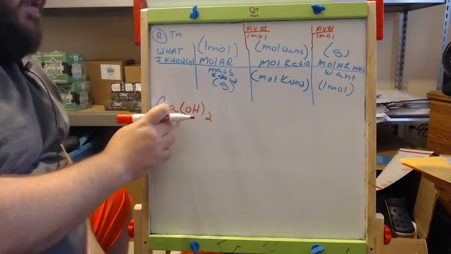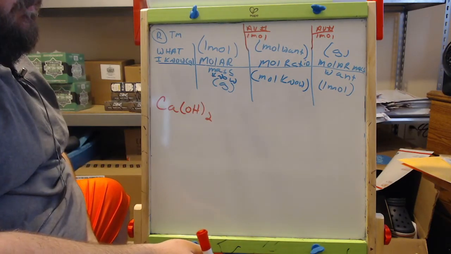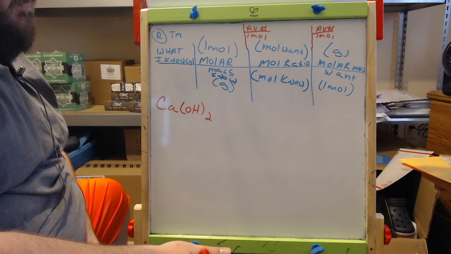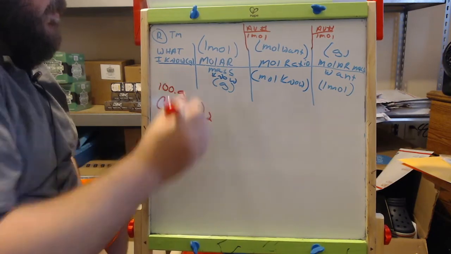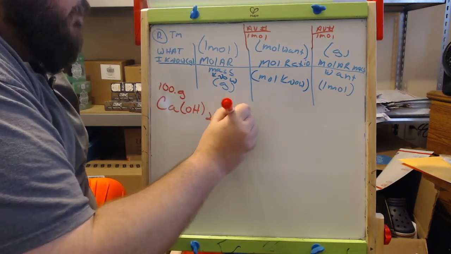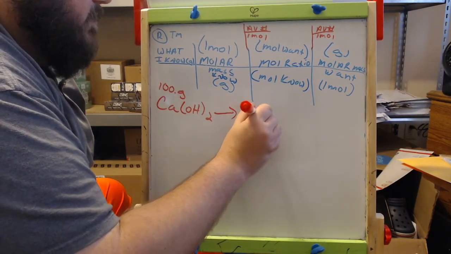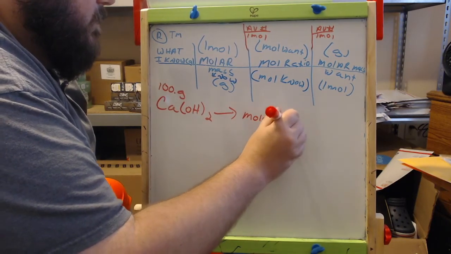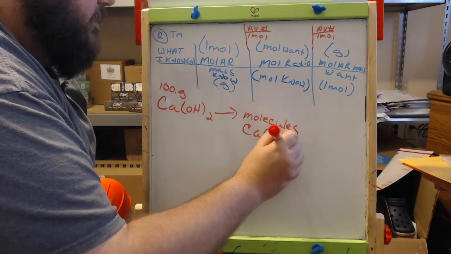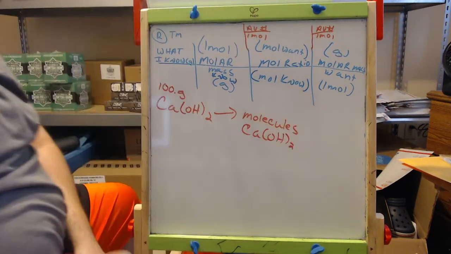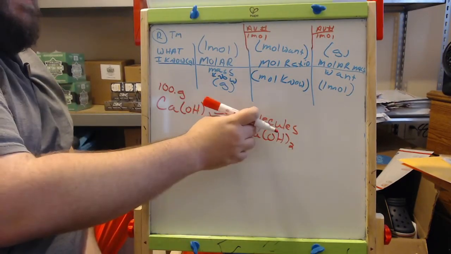All right, so we have calcium hydroxide. It doesn't matter, I have a calculator. We have 100 grams of calcium hydroxide, and I want to know how many molecules, or ionic compounds, whatever you want, of calcium hydroxide I have. Now that's not moles.